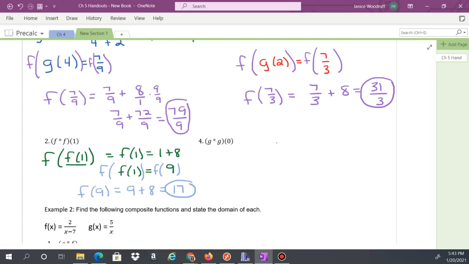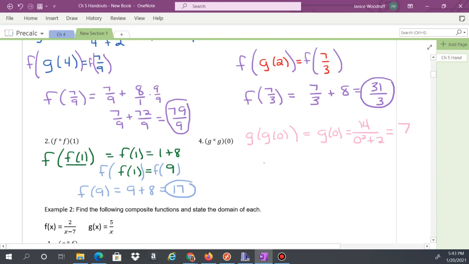And then g of g of 0, same thing. You start from the inside with g of 0, and that is 14 over 0 squared plus 2. So 14 over 2 gives us 7.